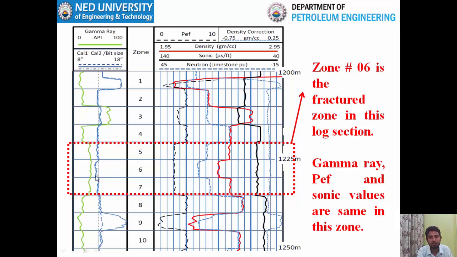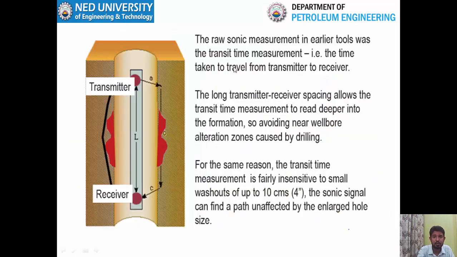So zone number 6 is more permeable, more porous as compared to zone number 5 and 7. So the sonic log is very useful in identifying the secondary porous system.